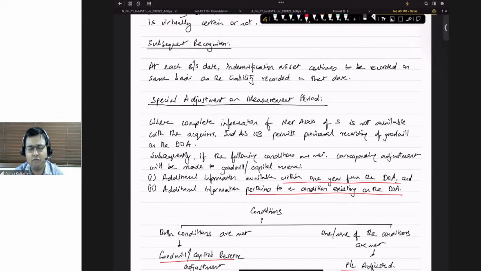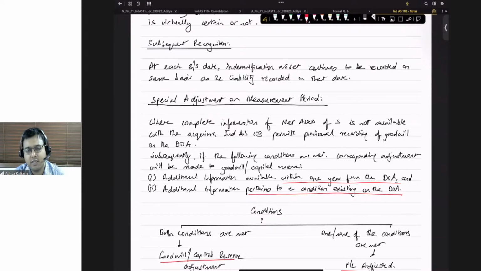On 31st March you have to finalize the balance sheet. Real life is not like academics where fair value is given, PC is given, everything is given on the same day. That doesn't happen. In real life, due diligence happens, new facts come to light, so that will keep going.